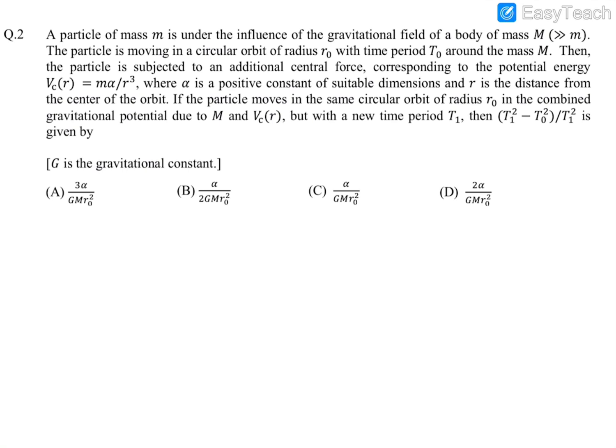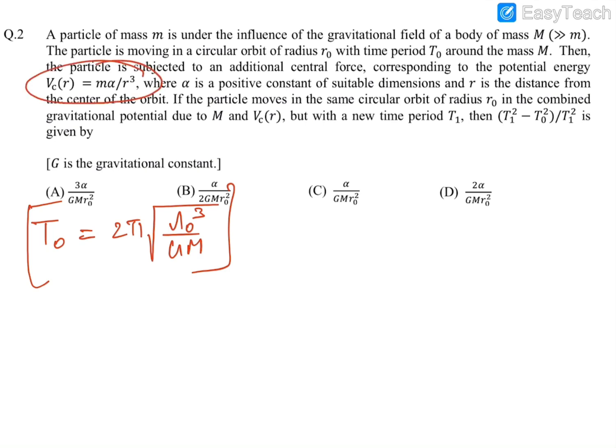So we know that initially, as that particle was moving under the influence of the gravity of mass M, we can say that t0 will be 2 pi under root of r0 cube divided by GM. This is the initial time period which we have already derived in gravitation. And in the second part, it is moving under the influence of a force whose potential energy is given by this.